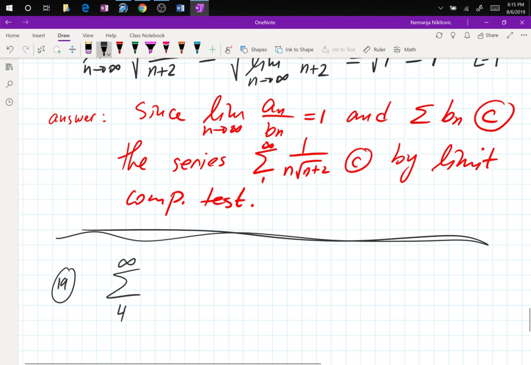Summation 4 to infinity, 1 plus cosine squared n divided by n minus 3. Just by looking at it, converge or diverge?